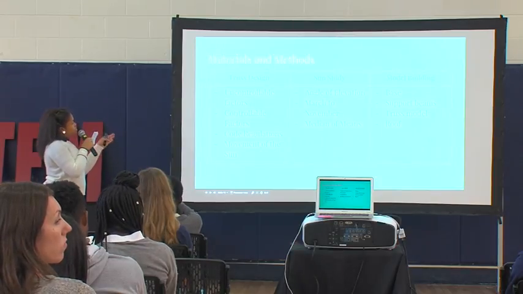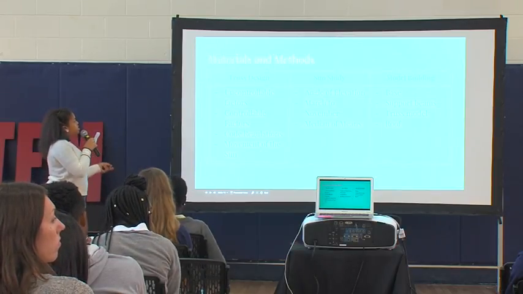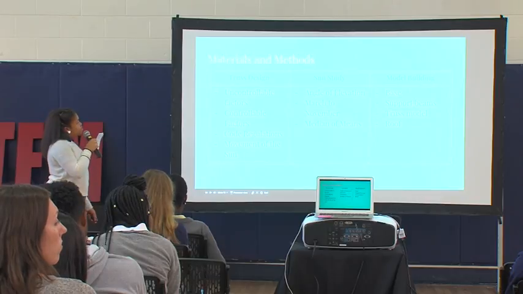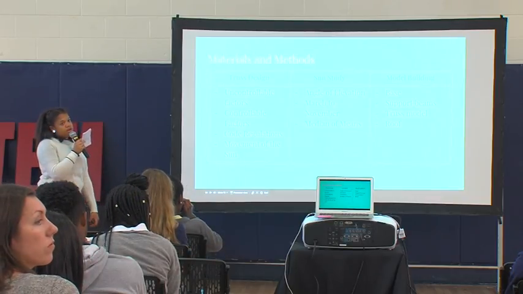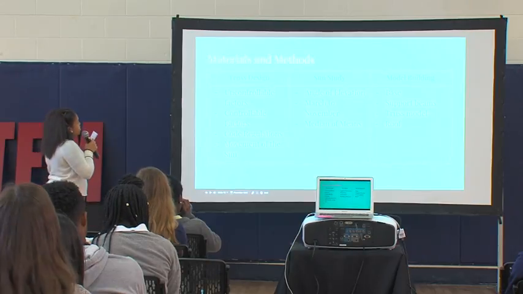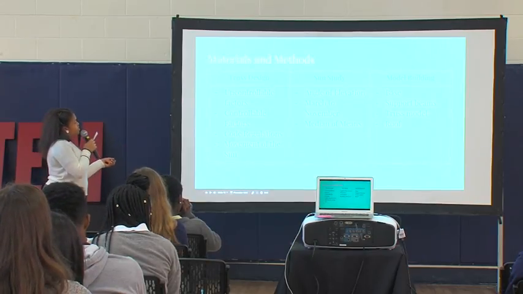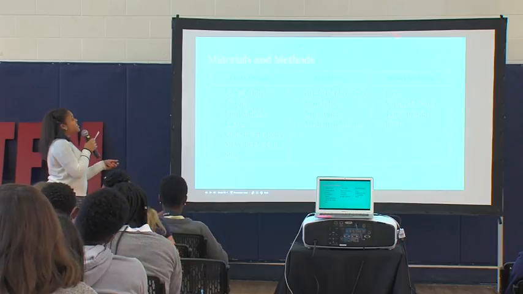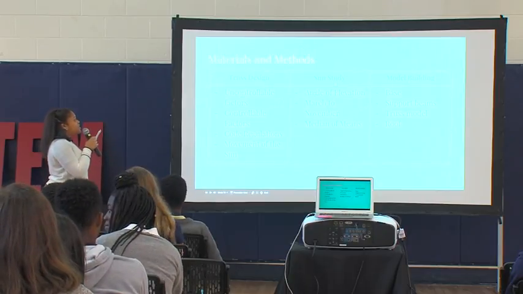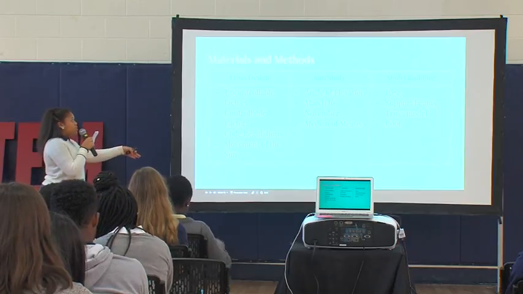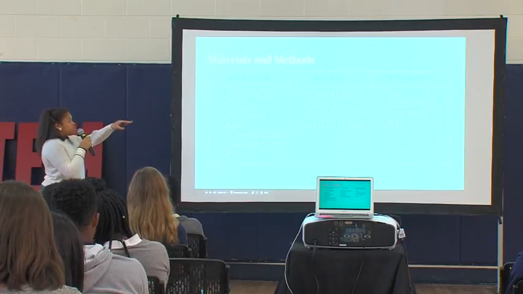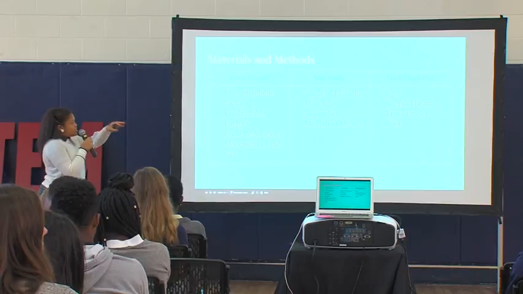So to go back to the 2 other sides of my methods, the next thing I had to do was a sun study, which is kind of using geometry, so you can use math in real life, I figured out. The next part of the study was the angle of elevation, which was figuring out where the sun would be in order to figure out the maximum coverage of the sun.